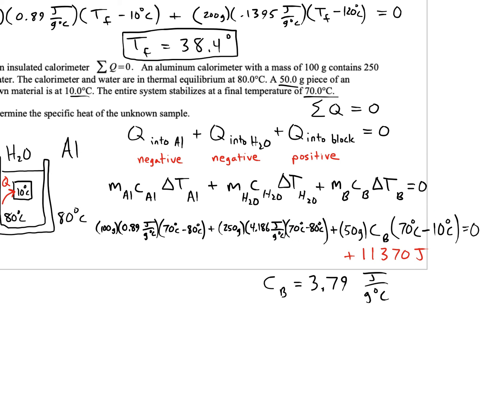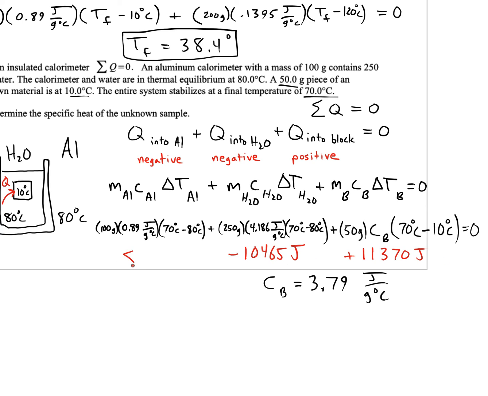And then you can check the other one, like 250 times 4.186 times 70 minus 80. I get negative 10,465 joules was taken out of the water. Most of the energy came out of the water, it looks like. We'll see how much this aluminum contributed.